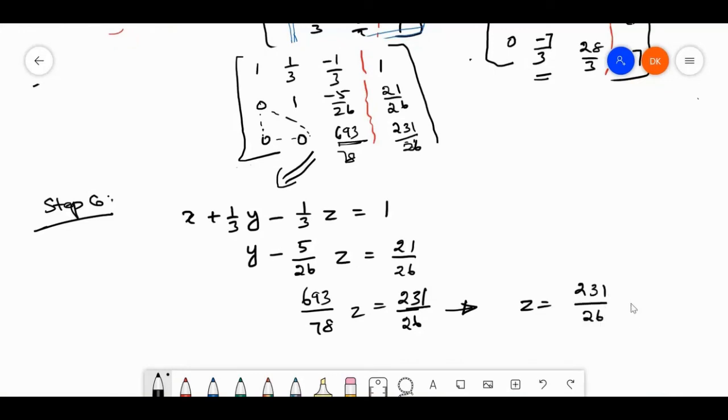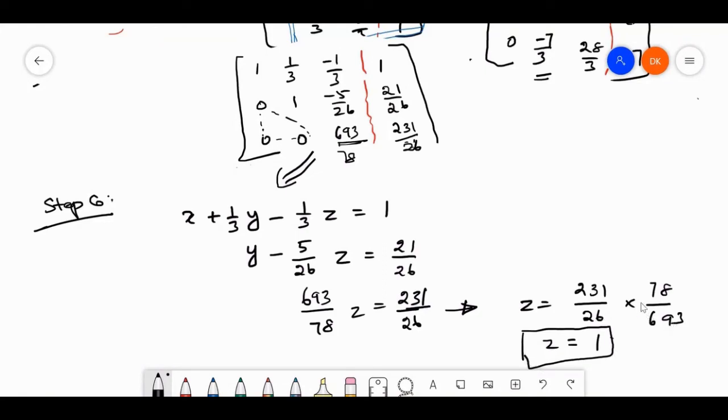Okay, so now you take this equation, you solve for z, so that is equal to 231 divided by 26 into 78 divided by 693. So then z value will come as 1. If you simplify this, you will get 1.